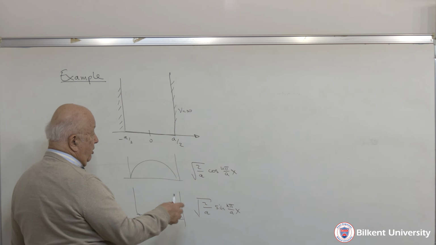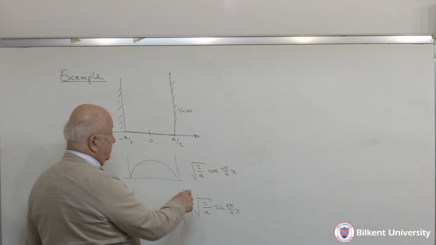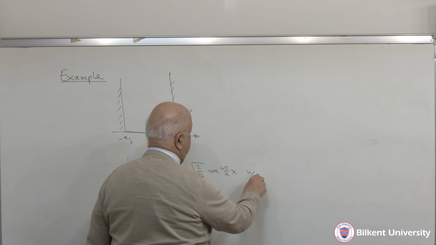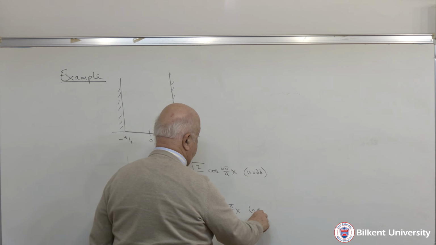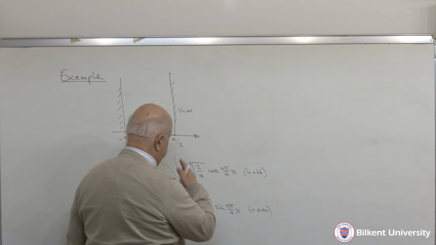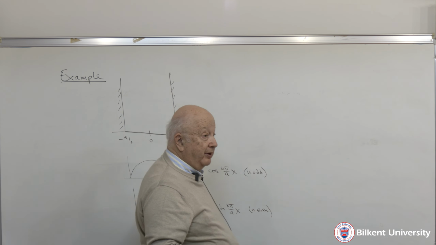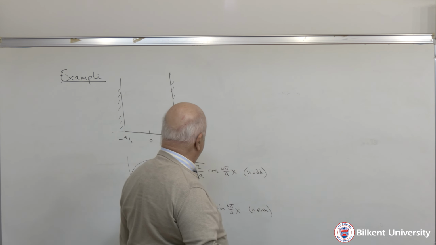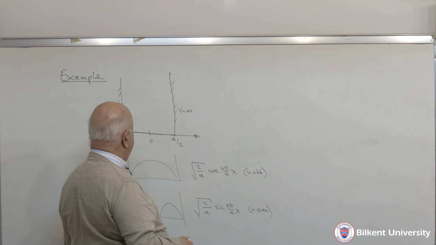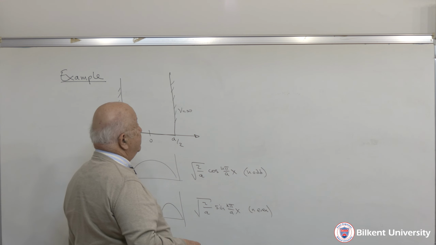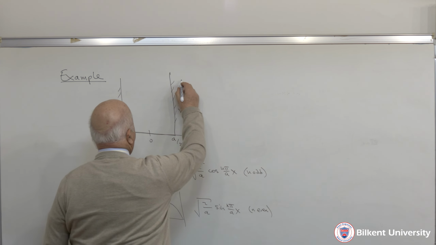In order to satisfy the boundary conditions, these are for n odd, and these are for n even. That's the standard particle in a box type of solutions, and this is going to be my H0.